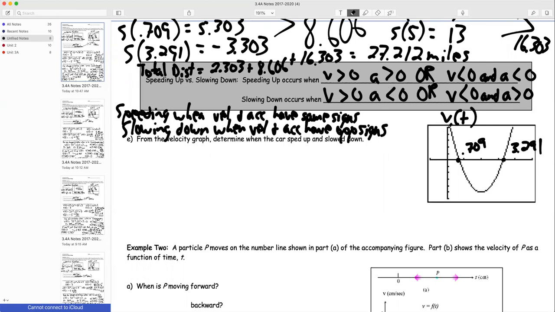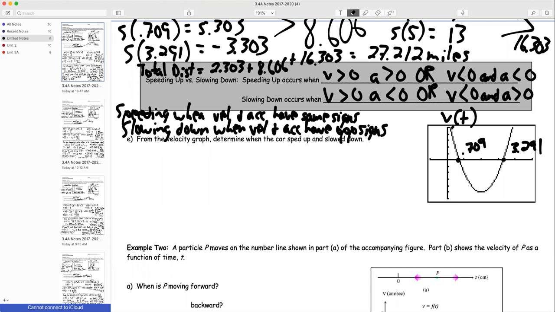So from 0 to 0.709, my velocity, is it positive or is it negative? And how do you know? My velocity is positive. The reason it is positive is because this is the velocity graph and it is above the x-axis.